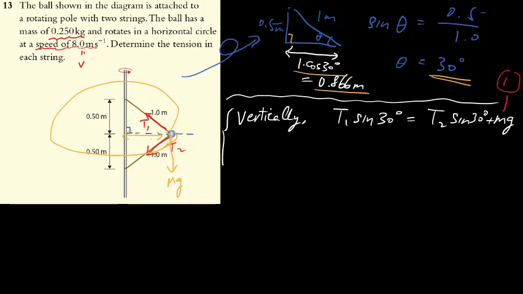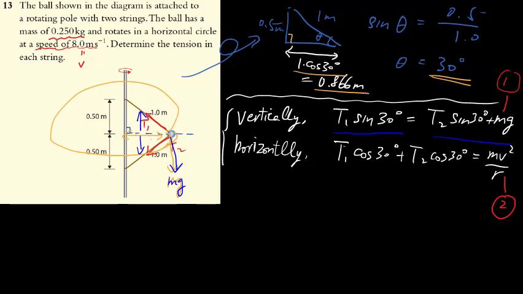Vertically speaking, t1 will go up, the vertical component for t2 goes down, and of course mg goes down as well. The ball is doing circular motion on the same level, and that's the relationship you find.